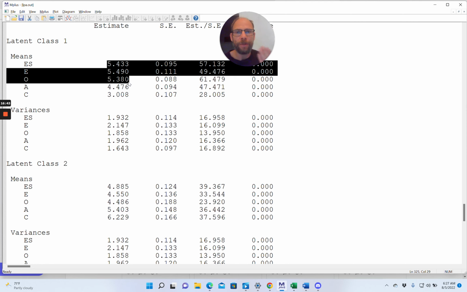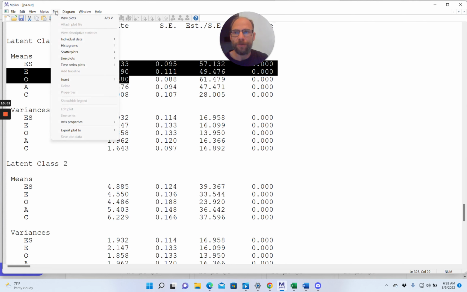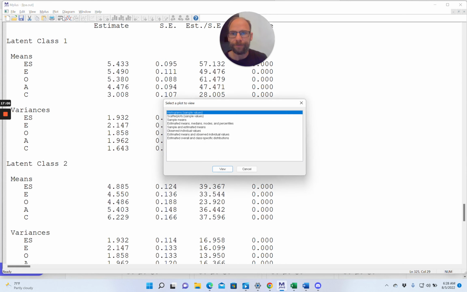And so what we typically do is we look at a plot of the mean profiles, and Mplus offers a possibility to do this by clicking on the plot option here in the menu. If you selected the plot command, or if you had syntax related to the plot command, then you can go to plot and then view plots, and then go to estimated means here in the middle, and then view.